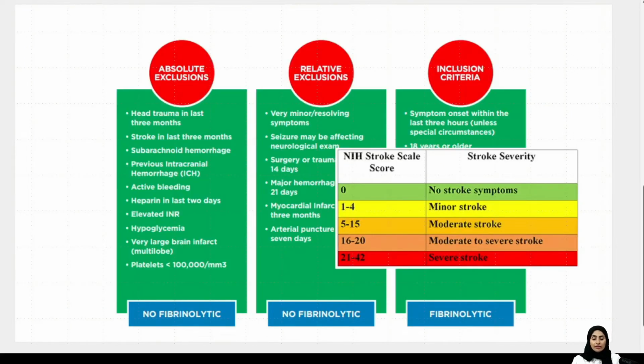Regarding the indication of fibrinolytic therapy, it's very important to know the NIH score, looking for stroke severity. Usually we give IV tPA if the stroke scale is from 5 to 25, not given in a minor stroke or severe stroke.